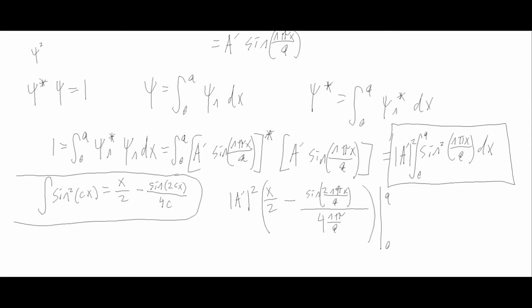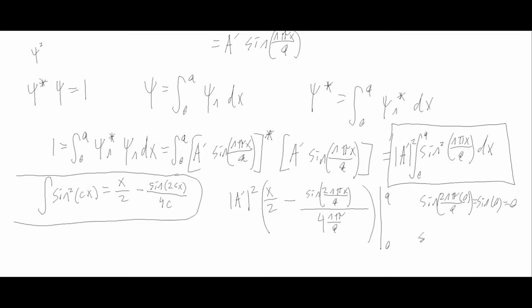To simplify this, we can see that sine of 2n pi multiplied by 0 over a is just sine of 0, which is just 0.